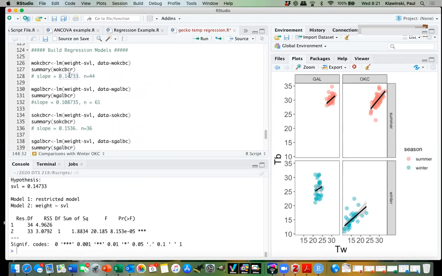This is why I write these things in comments so I don't have to go back and regenerate them. So this slope of 0.14733 and this slope of 0.1087, these are different from one another at a really high significance level. This slope is steeper than this slope.